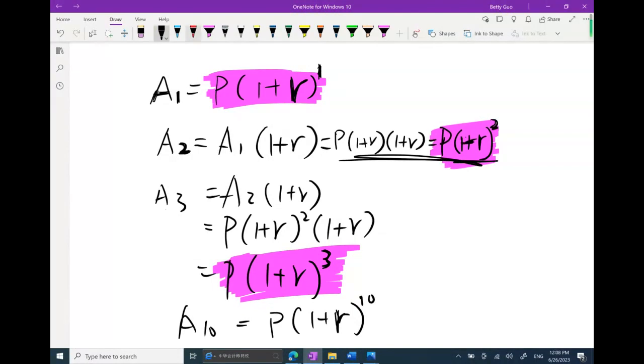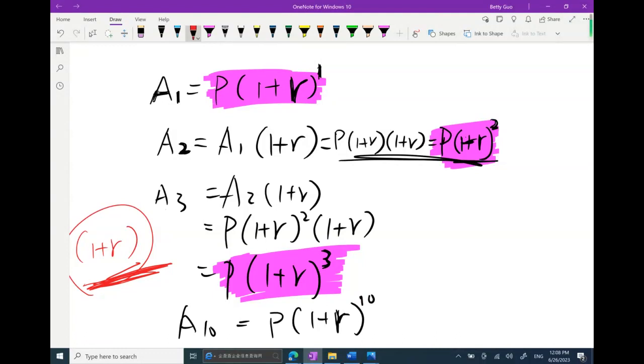So 1 plus R here is called the compounding factor. I want you to please remember this definition, this concept. R is the annual interest rate, because this account we are considering pays compound interest compounded annually. 1 plus R is the compounding factor.